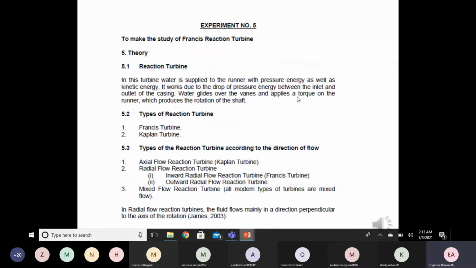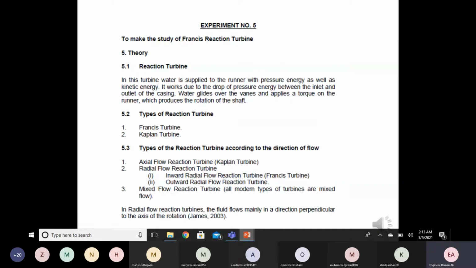It glides over the vanes of the runner and applies a torque on the runner, and finally we get the rotation of the runner, which is the final outcome to convert the hydraulic energy into mechanical energy. There are two main broad types of reaction turbines that we normally use: the Francis turbine and the Kaplan turbine.